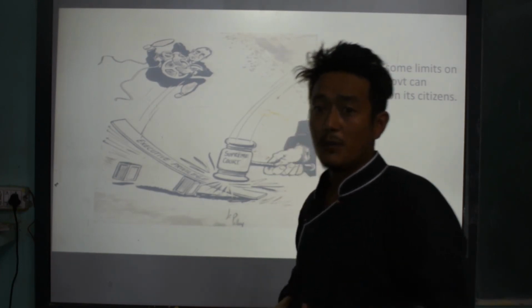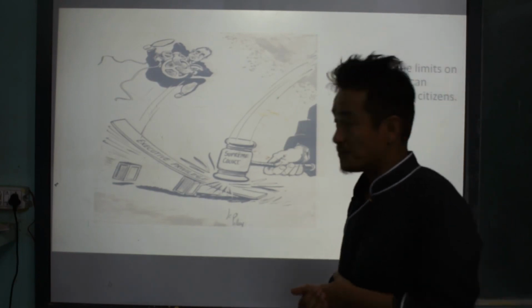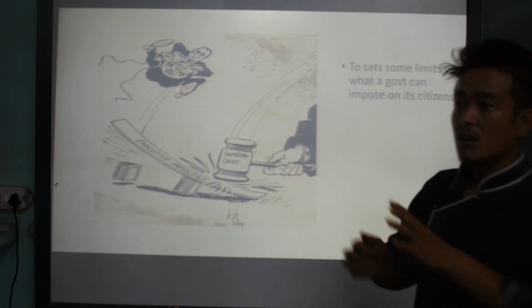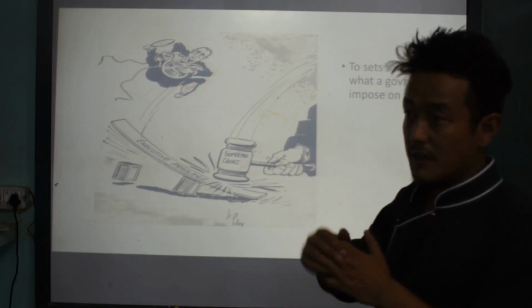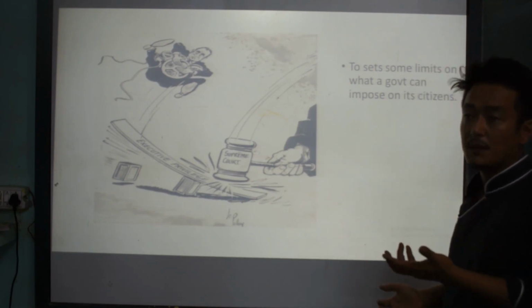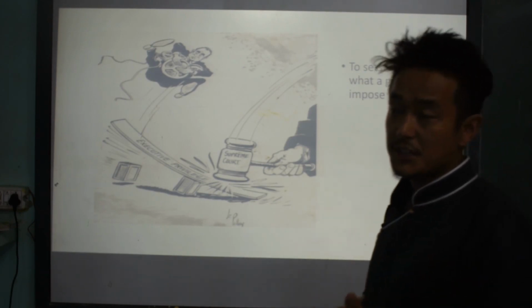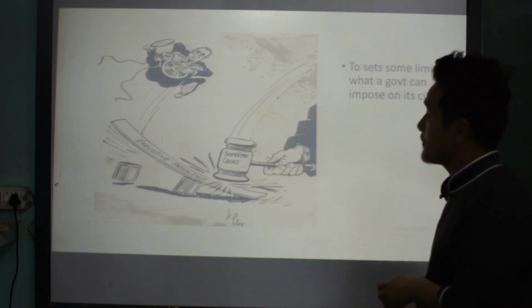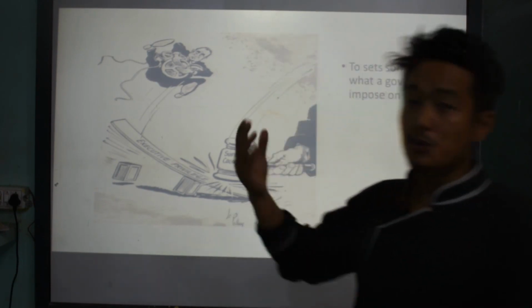So that would be a very unfair decision and unfair policies, right? So if the constitution does not put a limit, then that particular government might take a certain decision and make very unfair policies in the future.